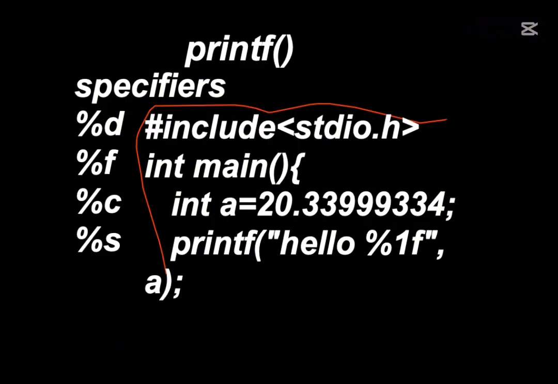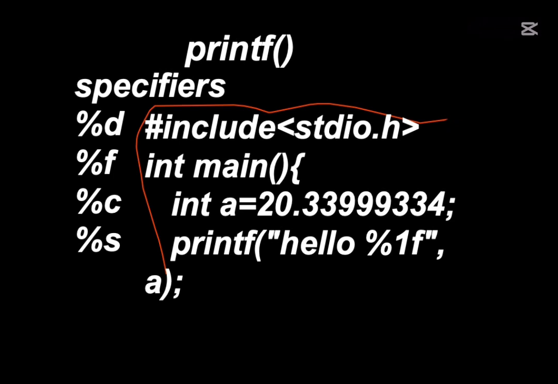So if you want to print anything, you need to indicate the data type. You need to tell the compiler the kind of data you're trying to print, because you're trying to print a variable and there are different types of variables. So the compiler needs to know, and the specifier and variable need to match. If it's wrong, it's going to give you an error.